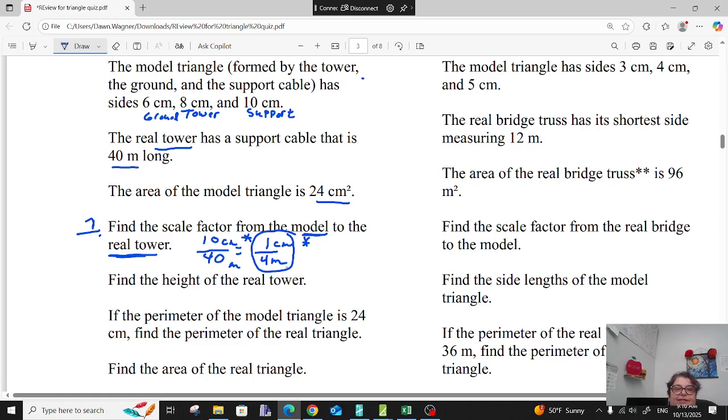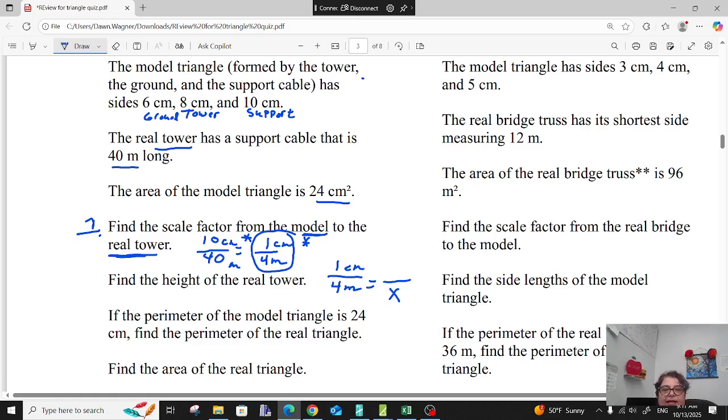Okay, just like this. So then it says, find the height of the real tower. Well, you would use the scale factor, which is 1 centimeter over 4 meters. Now, the real tower is what we're looking for, and the real tower is in meters. So your X would be down here. What is the tower height of the model?